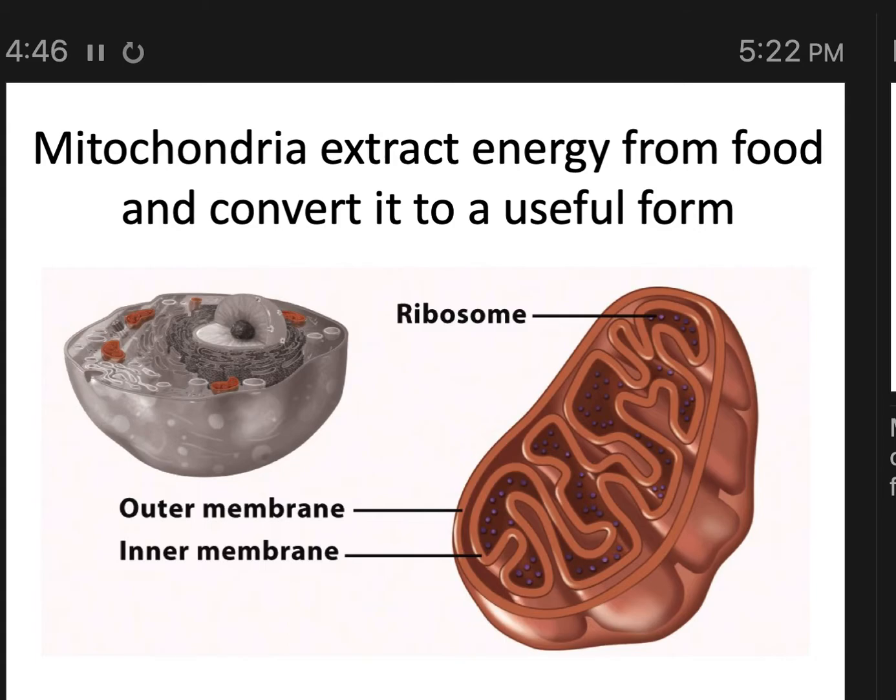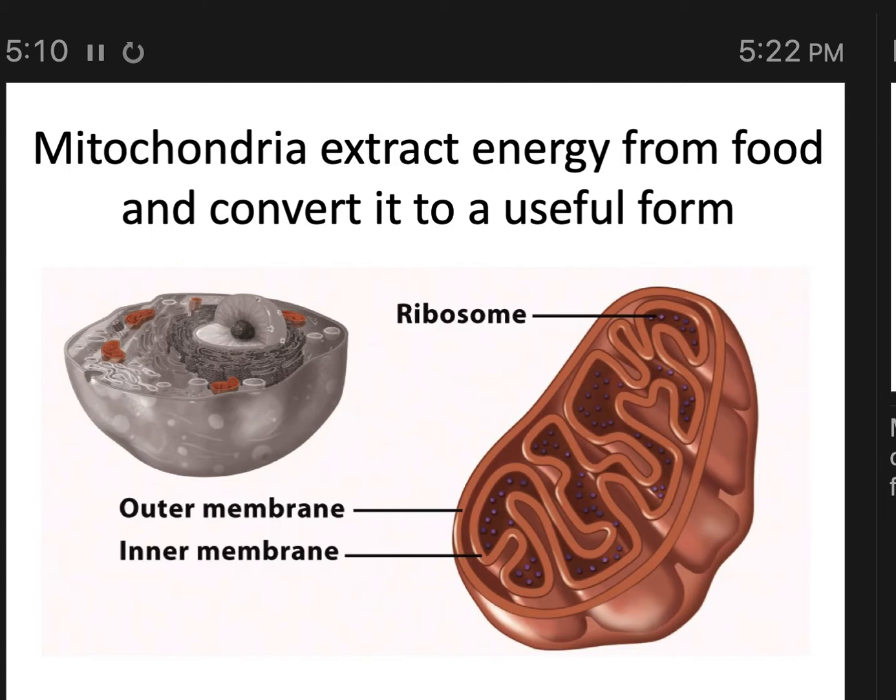The cell can't actually use all of them, but it can convert all of them to ATP, and the ATP is the form of energy that the cell can actually use to do all the things it needs to do: grow, repair, communicate, move, all of those things that require energy. It uses ATP for those. Okay, so ATP, that energy currency of the cell, is produced in the mitochondria.